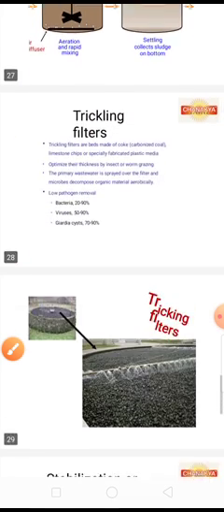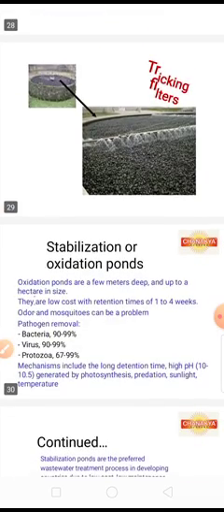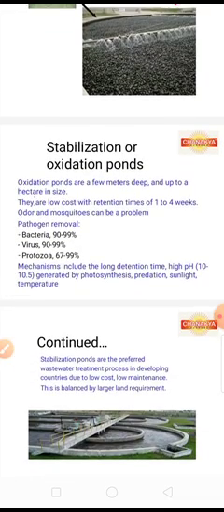Now the second thing, the oxidation ponds which we are talking about. The oxidation ponds are a few meters deep and up to a hectare in size. They are low cost, with retention times of 1 to 4 weeks.